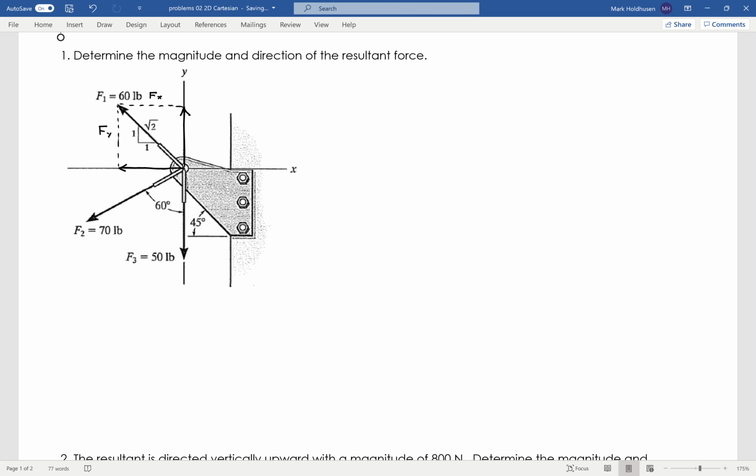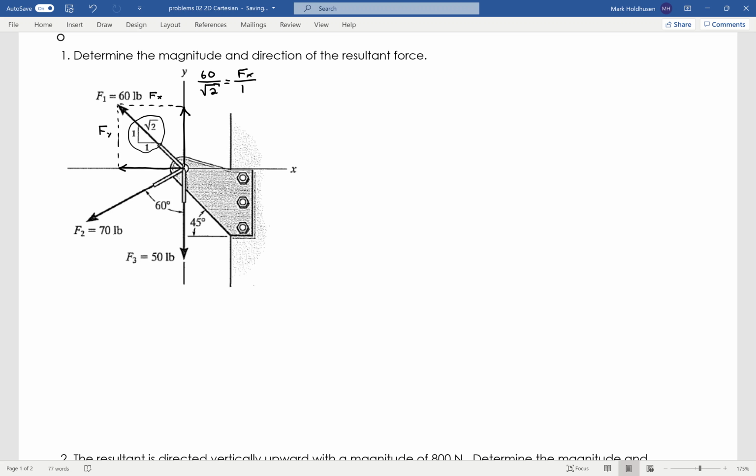You'll notice I've got this triangle right here that I'm looking at, okay? And what I want to do is set that up in such a way that it's the same as my bigger triangle, right? So essentially, I'm going to say, okay, well, 60 relates to the square root of 2, just like Fx, my x component, relates to 1.